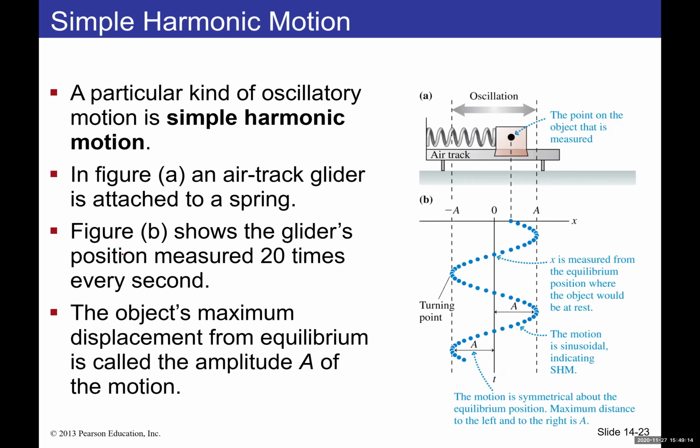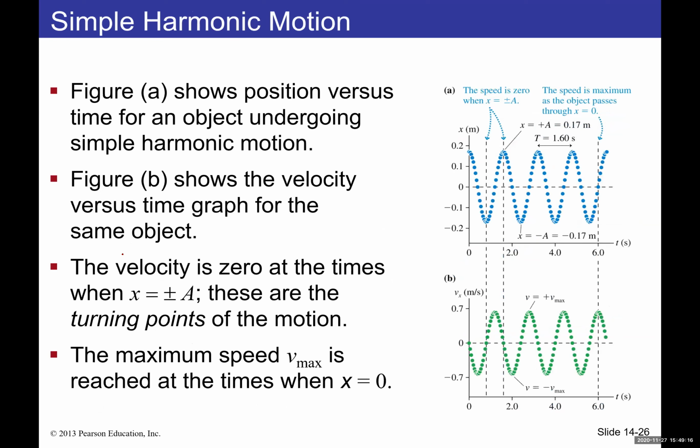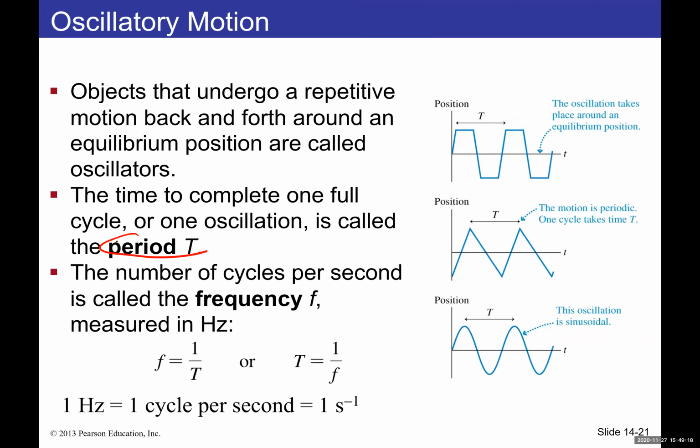So this period T is basically known as the time for one full cycle or one oscillation or one revolution, right? So that means after that the system repeats the same type of motion. So that's basically the period. And we also know the frequency.